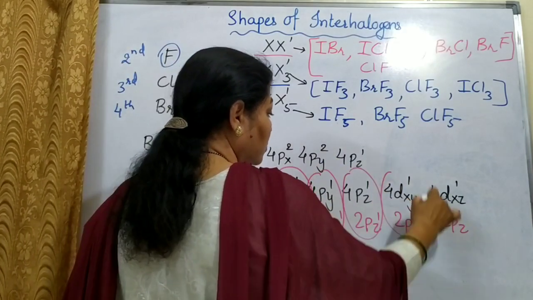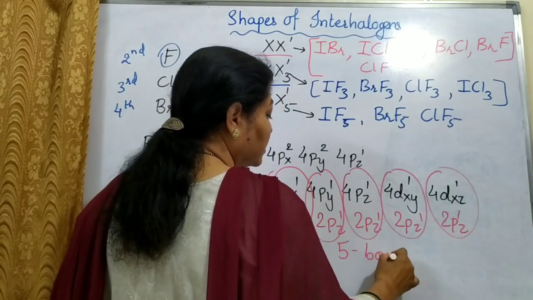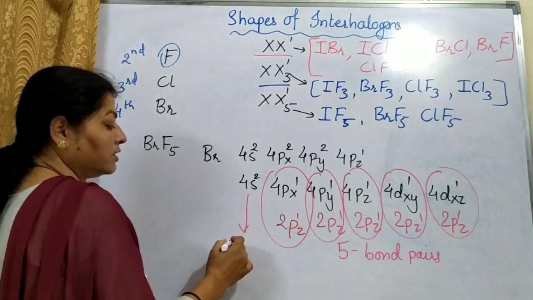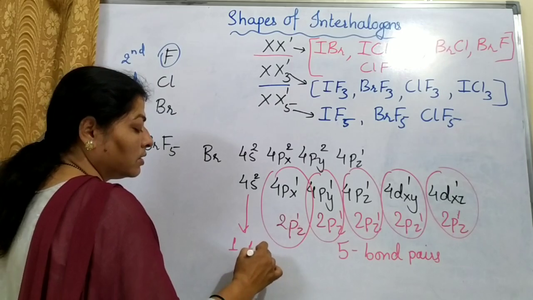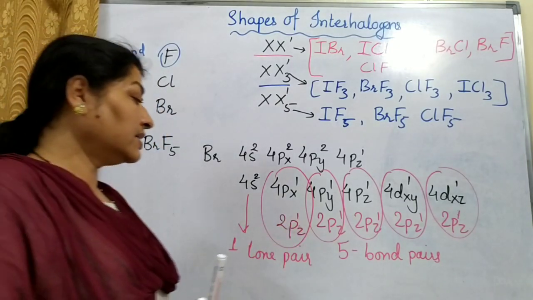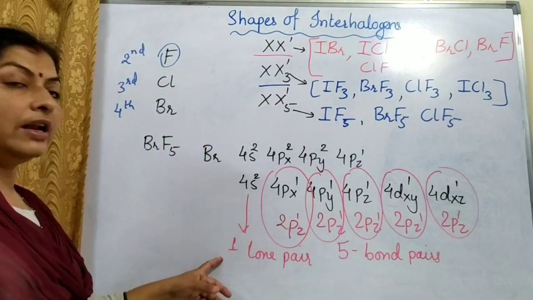So there will be a total of how many? 5 bond pairs, and this will be 1 lone pair. So again there are a total of 6 pairs of electrons: 5 bond pairs and 1 lone pair.